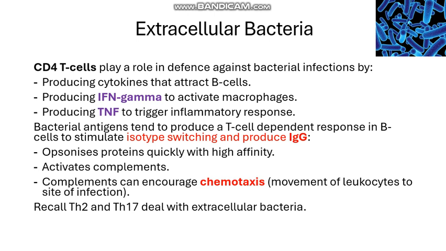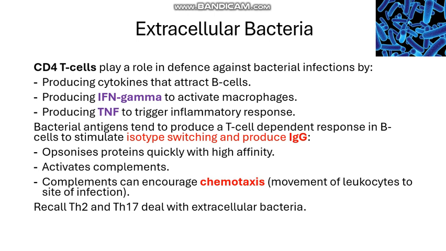We talked about that when we talked about immunoglobulin isotype switching, where a naive mature B cell is going to receive signals from a follicular T cell, causing isotype switching to go from producing IgA or IgM to producing the immunoglobulin isotype immunoglobulin G. And IgG opsonizes proteins quickly and with high affinity, as well as activating complements.